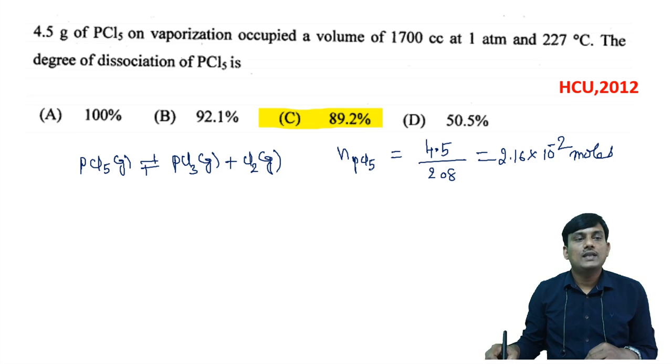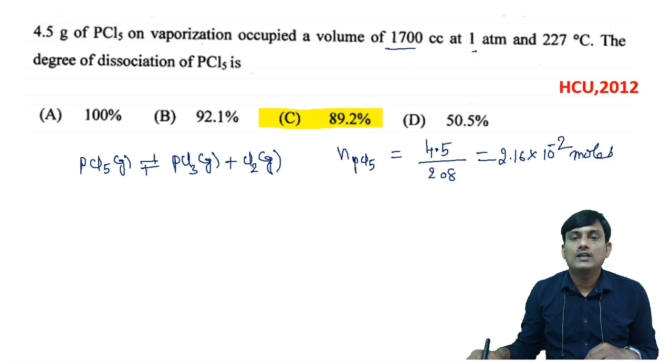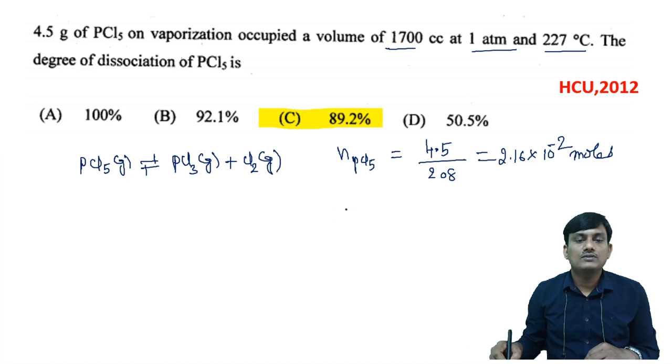This is the initial number of moles of PCl5. And after dissociation, the volume of the gas on vaporization, pressure and temperature are given. So you can calculate N is equal to PV by RT.